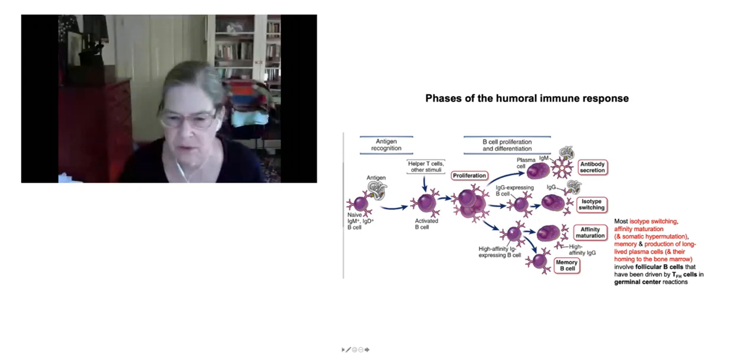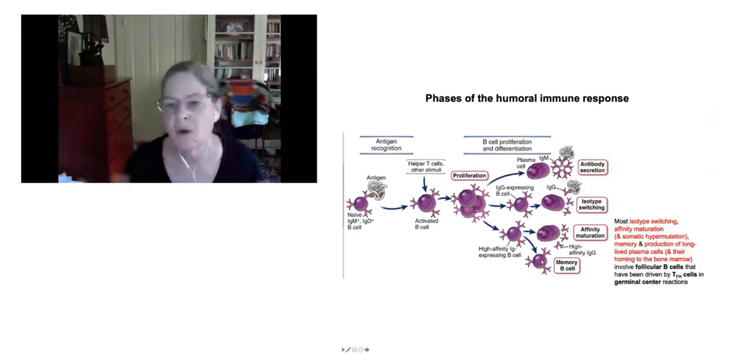But you will also have this thing called affinity maturation. So B cells will pick up mutations in just the region that encodes the light and heavy chain variable regions. And so that will diversify those B cells that have been activated by antigen. And then you will actually have selection happening in the germinal center for the higher affinity B cells.